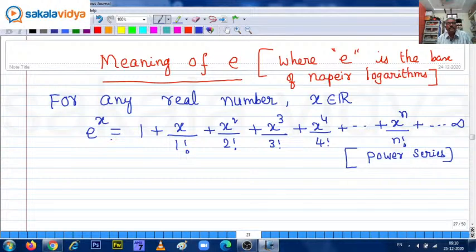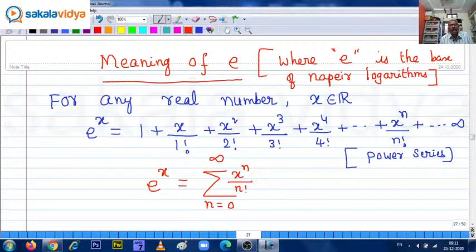So my dear students, remember that e power x can also be written with this symbol, sigma, where n goes from 0 to infinity, and the nth term is x to the power of n by n factorial. In some textbooks you may find it like this.